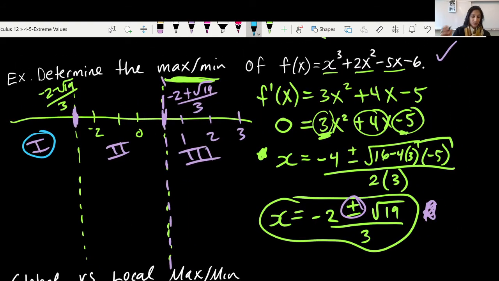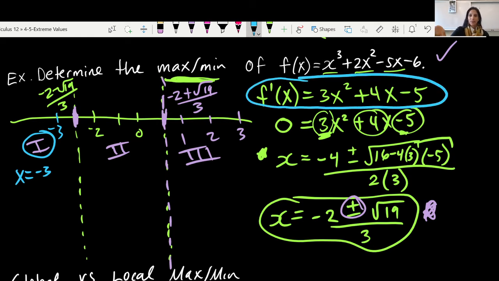So let's say region 1, and I would want to take some value. If this is negative 2, I'd have -3, -4, and on and on. So I'm going to pick x equals -3, and I would plug that into my derivative that I found here.